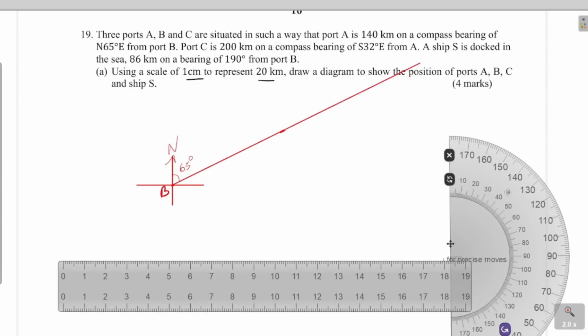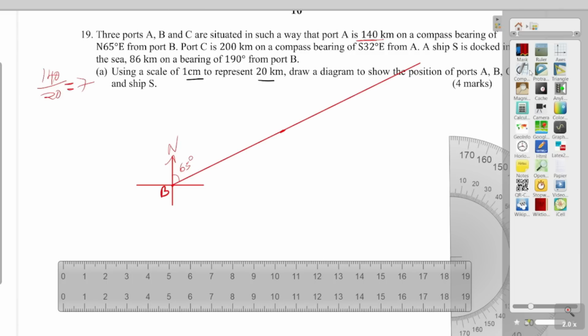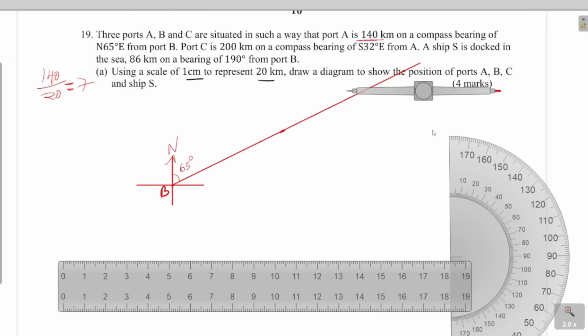So now A is north 65 degrees east from port B. B is there, and that is 140 kilometers. So we need to measure 140 using this scale, where 1 centimeter represents 20. So 140, you just divide by 20. I have to measure 7. Let me use a pair of compasses here.